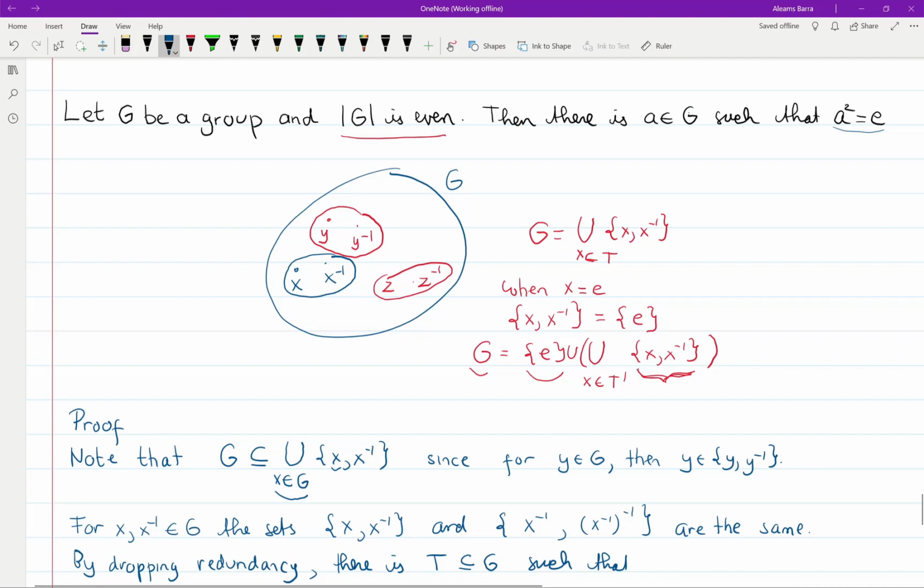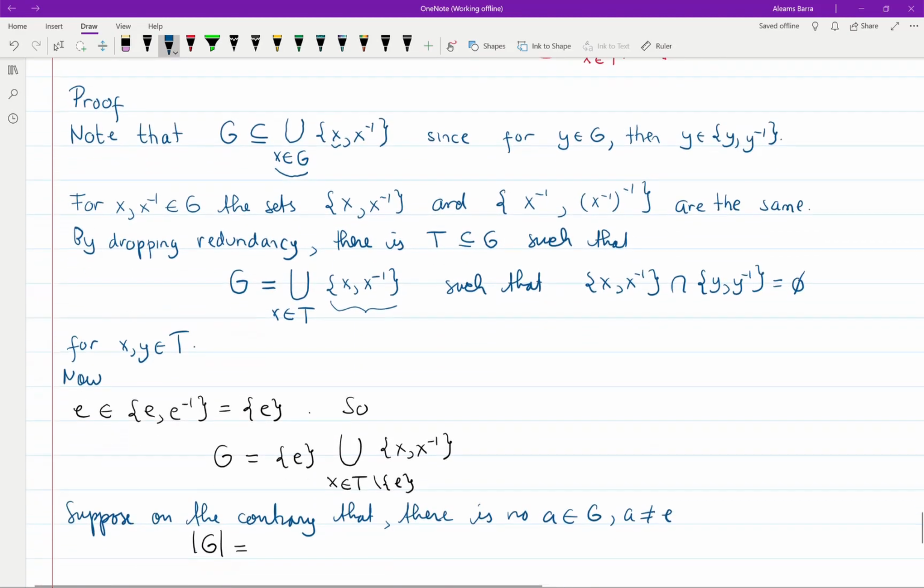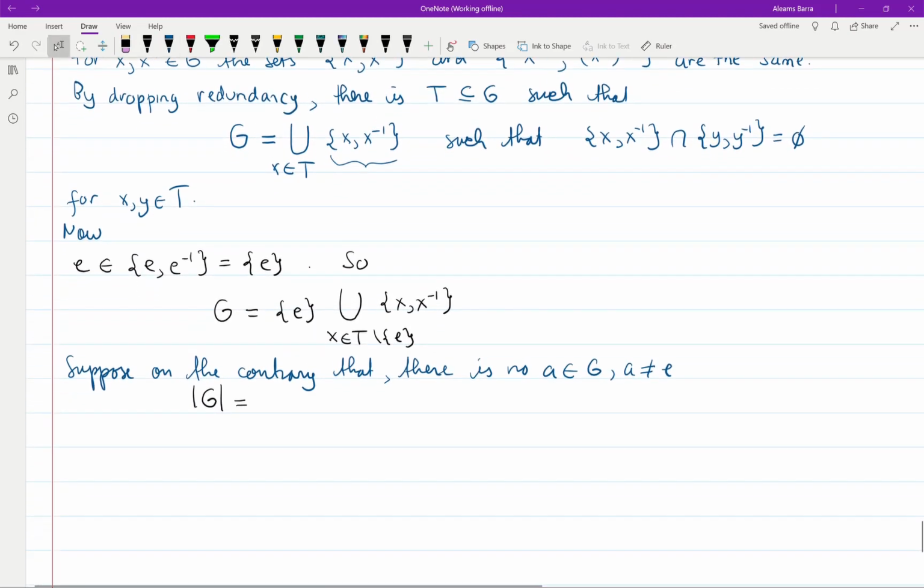So in order to make the problem more interesting, we want an A in G that is not the neutral element such that A squared equals E. Let's say there is no such A in G which is not a neutral element such that A squared equals E. So what does it mean?